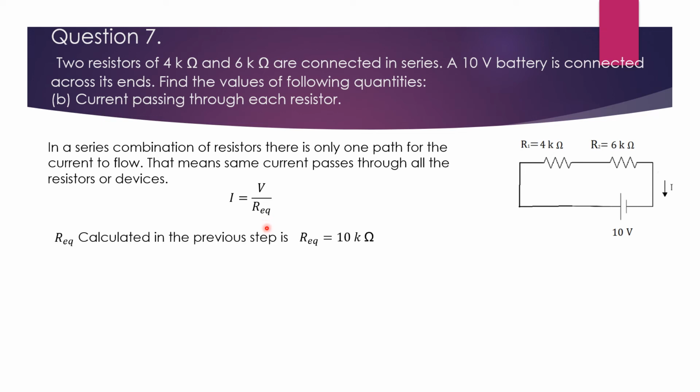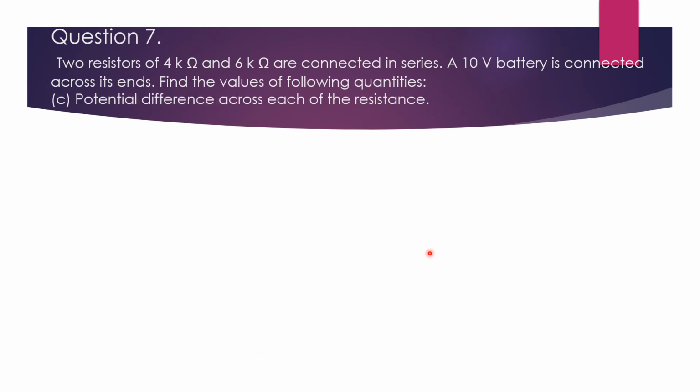R equivalent calculated in the previous step is 10 kilo ohms. So I is equal to 10 divided by 10 into 10 power 3. 10 is the voltage V, and this 10 kilo ohm is the R equivalent. This makes I equal to 1 milliampere. This 10 cancels with this, only 10 power 3 remains, which is written as 10 power minus 3 ampere or 1 milliampere.